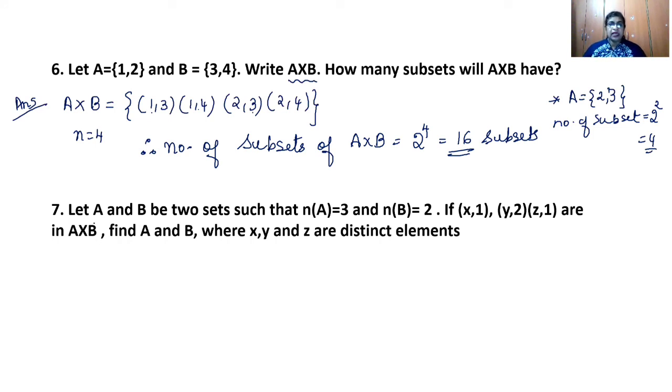What is given here? Let A and B be 2 sets such that n of A, the number of elements in A, is 3, and the number of elements in set B is 2.